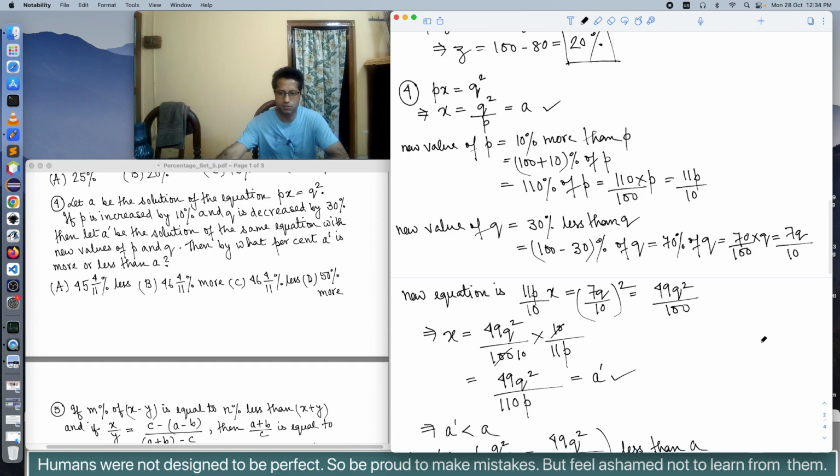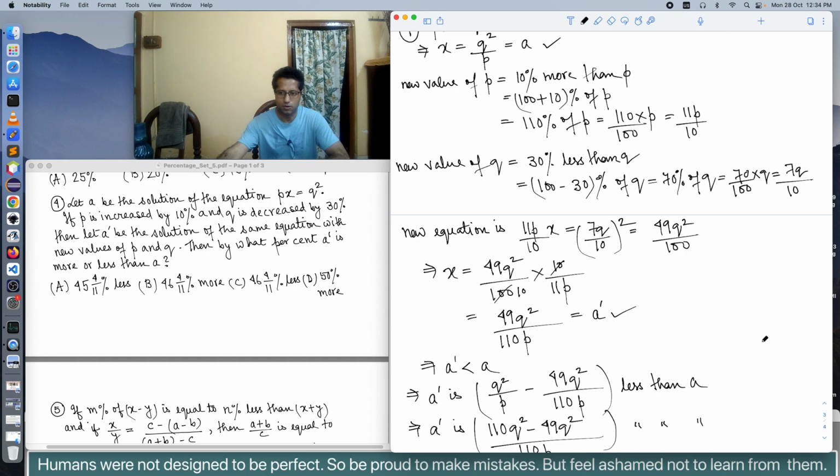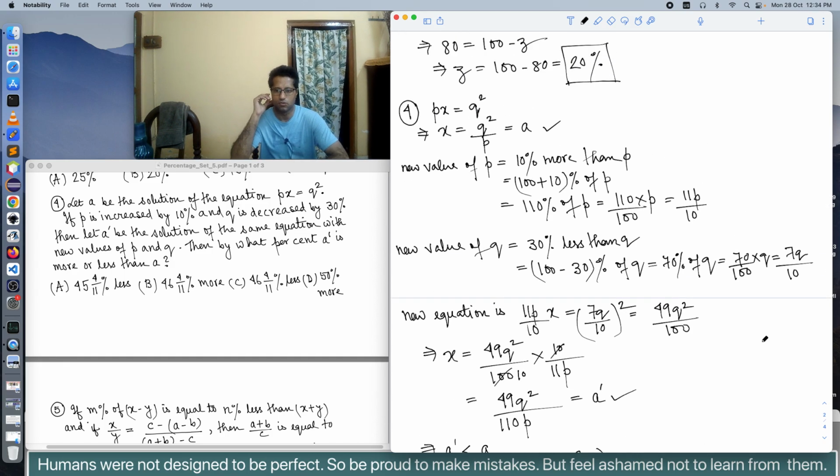So the new equation becomes 11P by 10 into X is equal to 7Q by 10 whole square, which is equal to 49 Q square by 100.